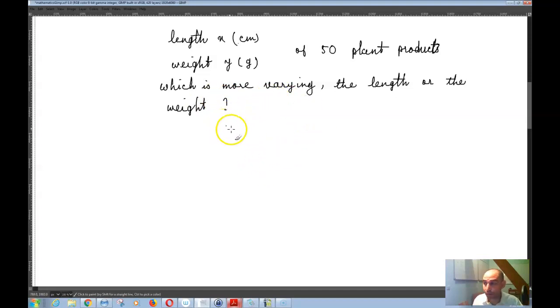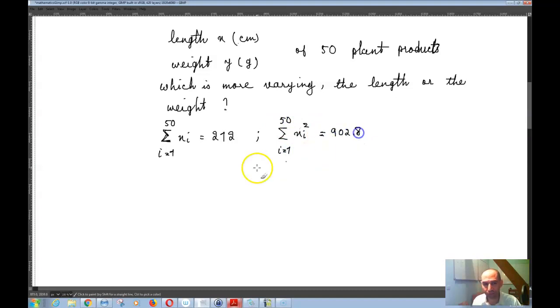Now basically for x, what I have is sigma x of i, as i goes from 1 to 50, is equal to 212. And sigma x of i squared as i goes from 1 to 50 is equal to 902.8.